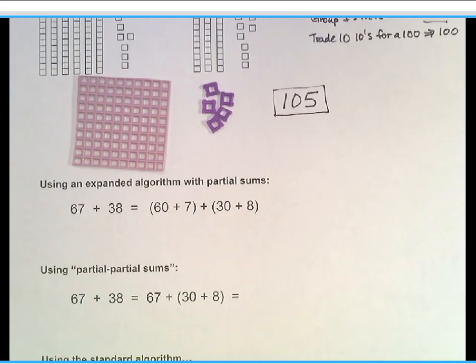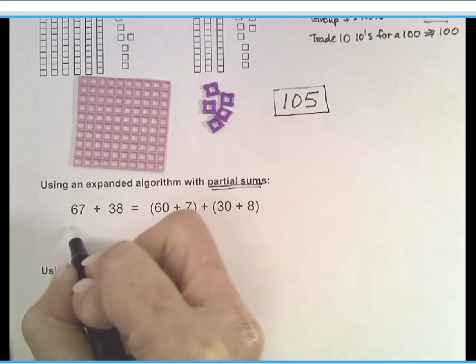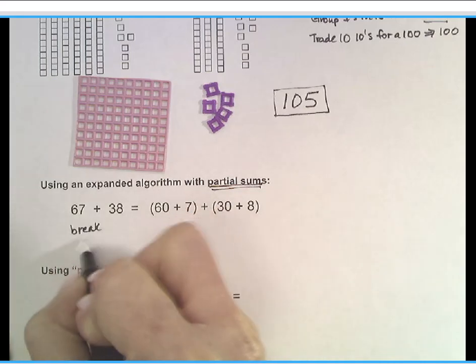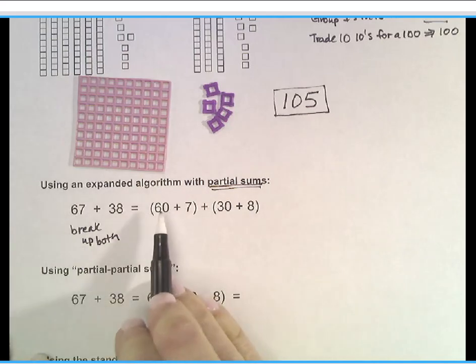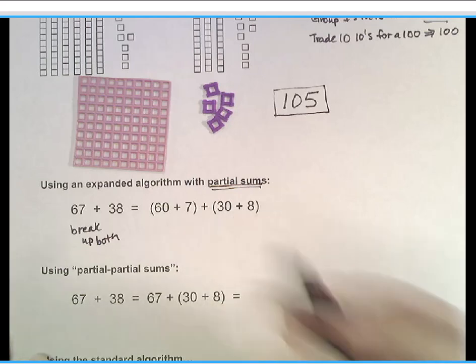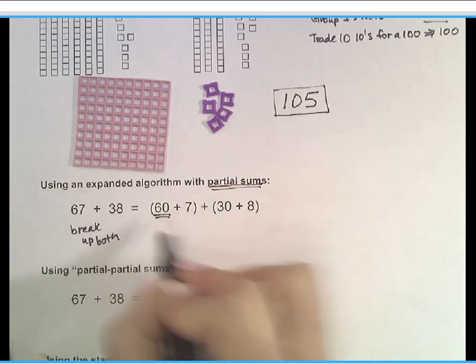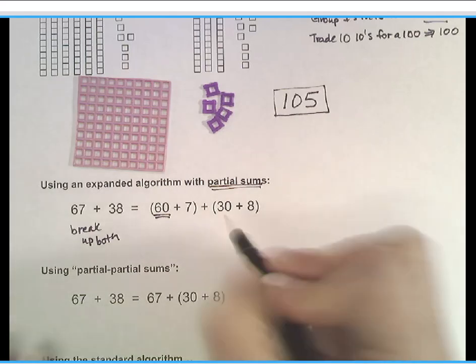Now, using an expanded algorithm with partial sums, we're going to break apart both numbers. The 67 is going to become 60 plus 7. The 38 is going to become 30 plus 8. Because this is all addition, we can change parentheses and move numbers around as we want.